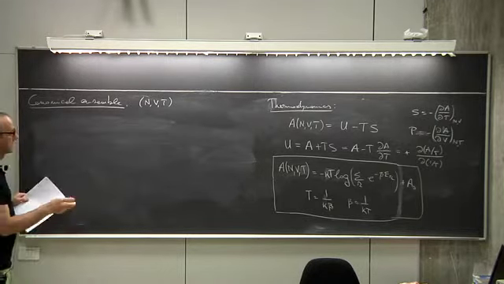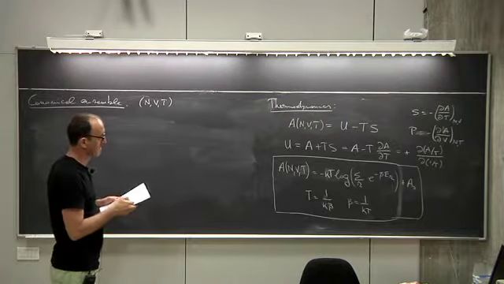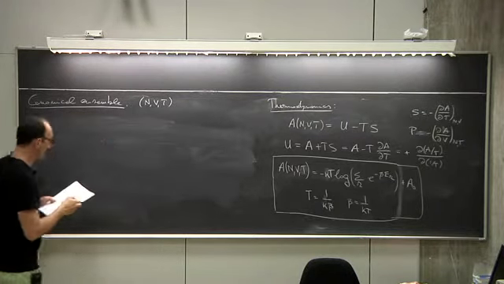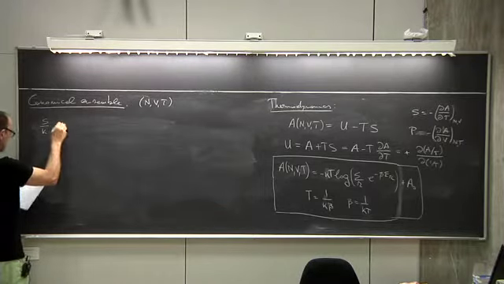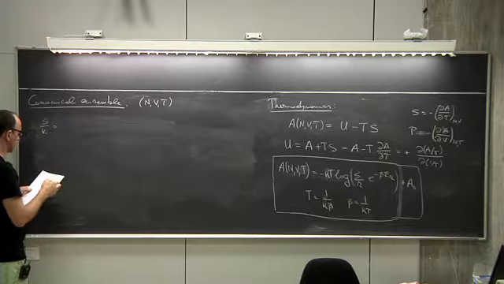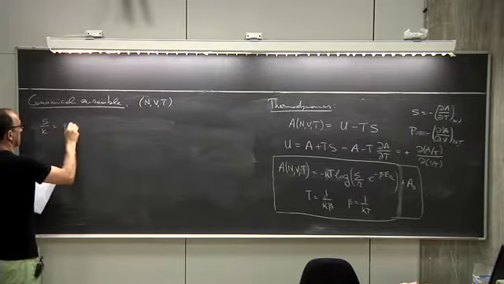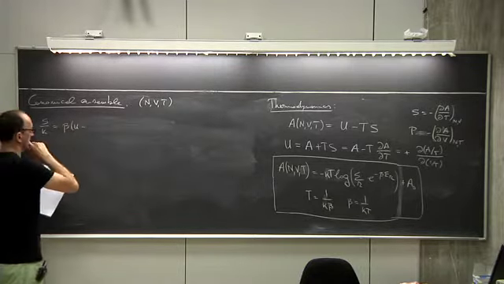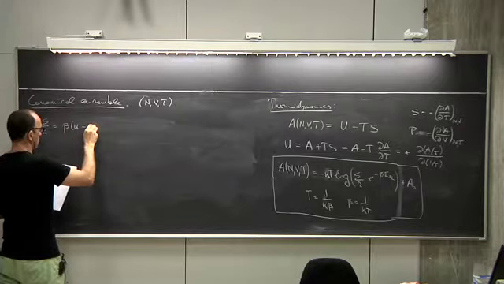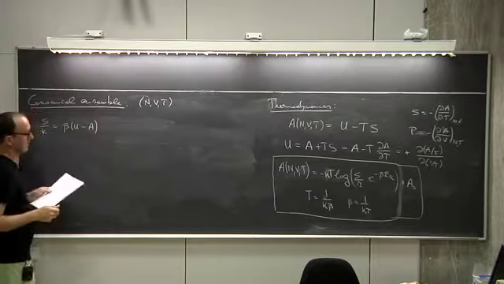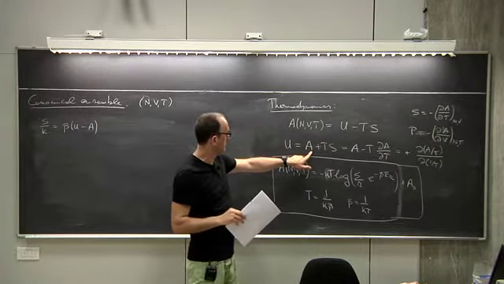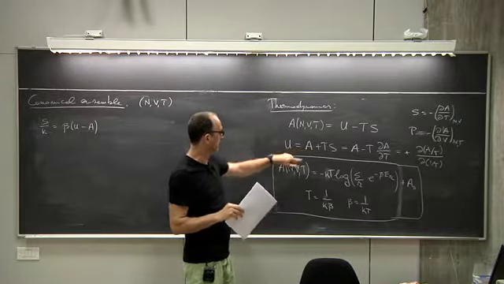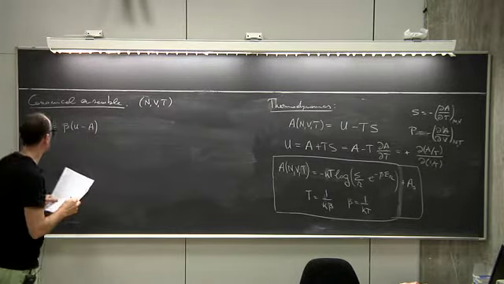One way to compute the entropy is to say that S over k must be equal to beta times U, the energy, minus A, from this relation.